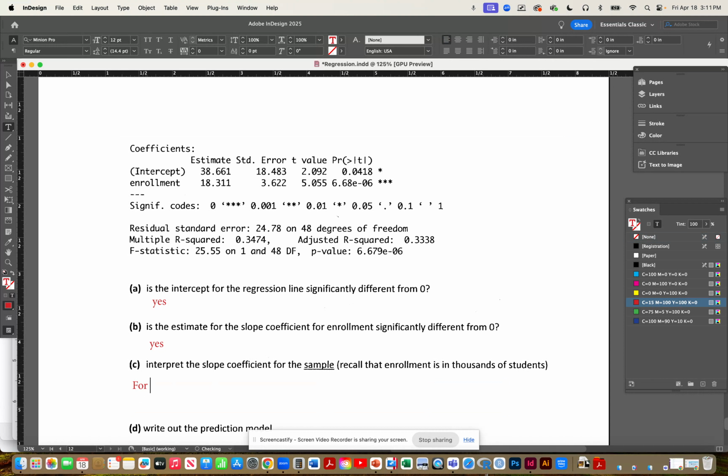We're going to say for each additional, so it's not 1 because we're dealing with thousands of students, for each additional 1,000 students in the zip code, there are 18.311 more participants in the tutoring service. So that's this number right here. That's the slope.